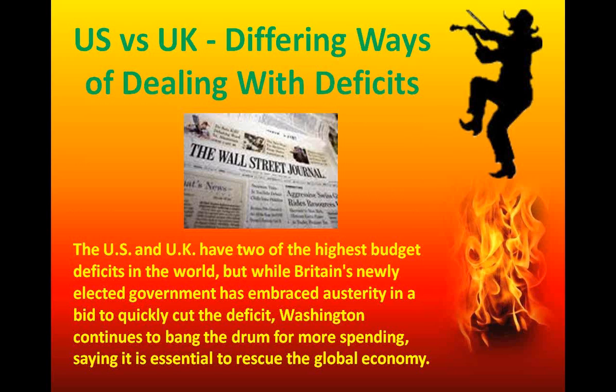Now, two big countries in the world are dealing with these problems in a different way. The United Kingdom just elected a new government a few weeks ago, and what did that new government do? It promptly slashed government spending tremendously, increased the variety of taxes, and said that it is intent on closing the huge gap between income and expenses.